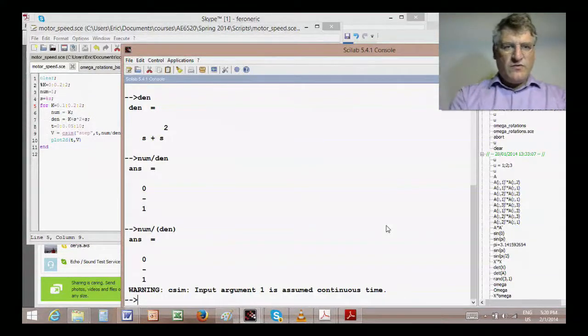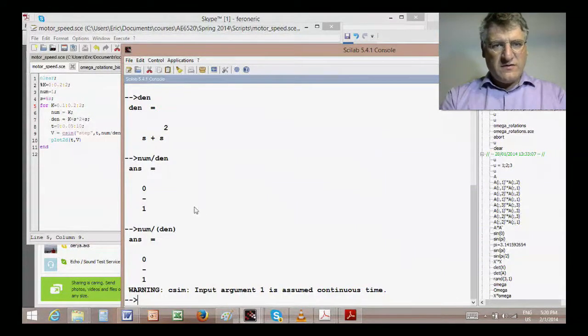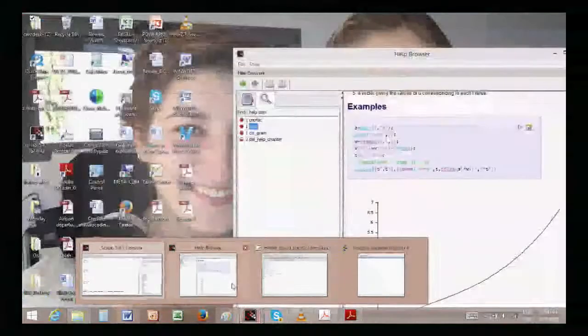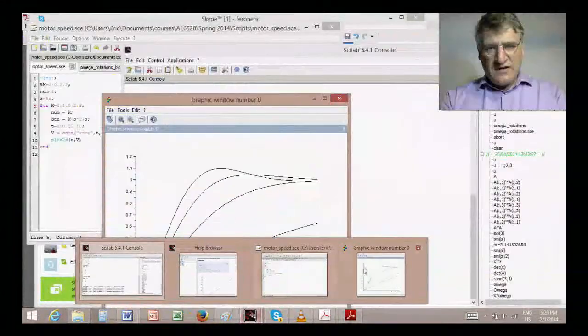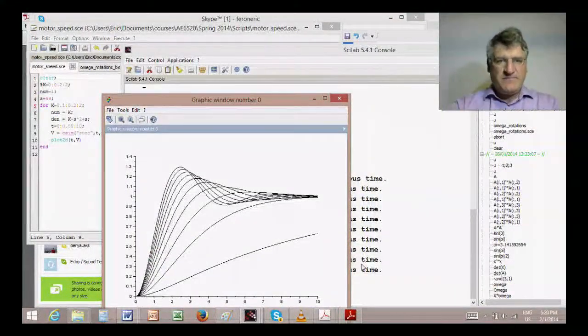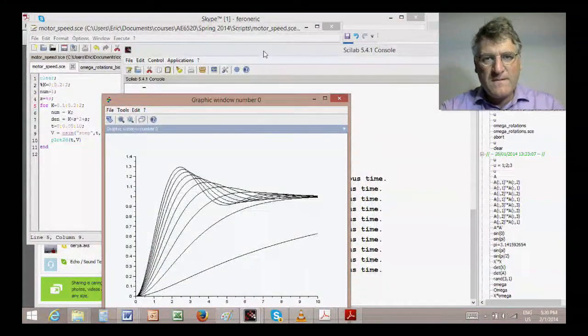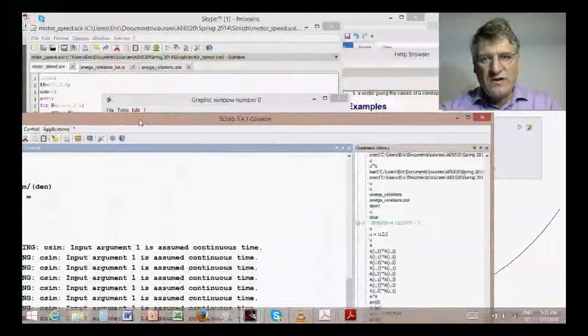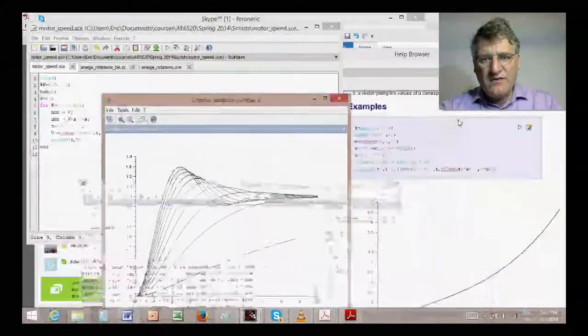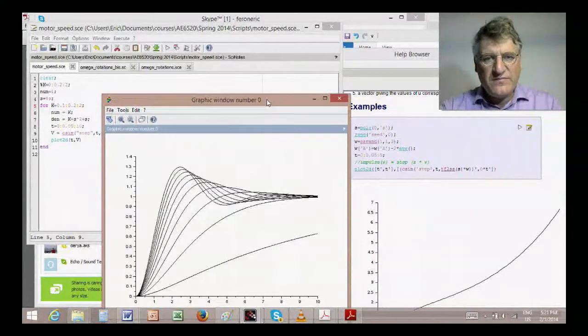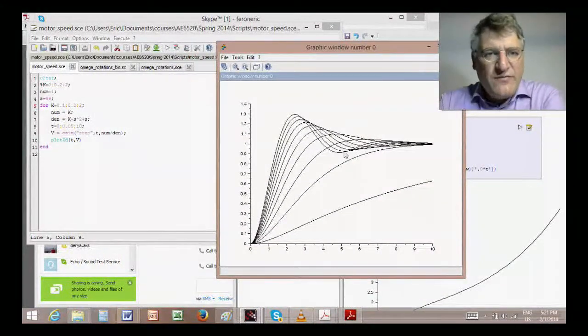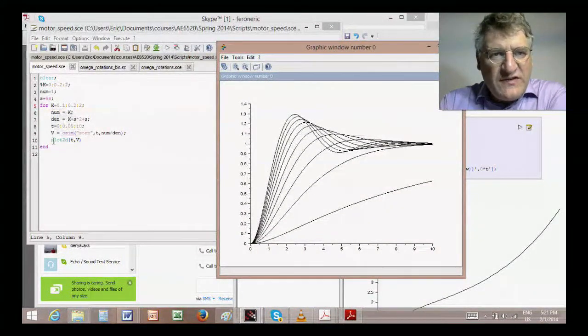Okay, now we have a proper response. And we have asked for the plot 2D thing. And here's what you obtain. In this figure, we have plotted the response of the system for growing values of k.